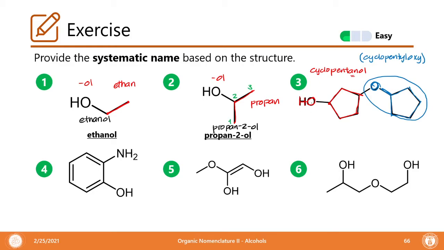Since our alcohol is the priority functional group, we must give it number 1, and then 2, and then 3. So at position 1, that's our cyclopentanol. Okay, and then our cyclopentyloxy is at position 3.